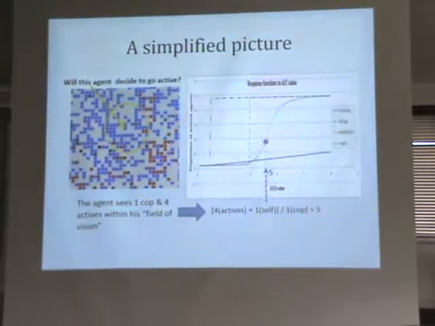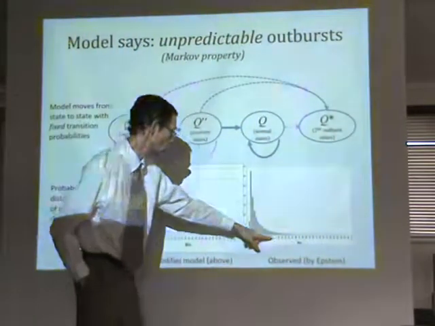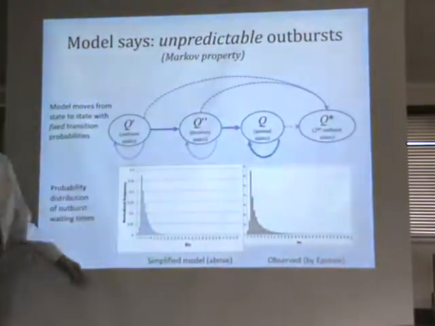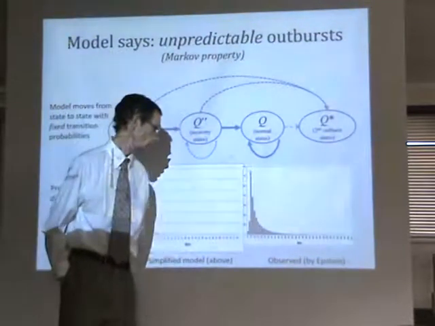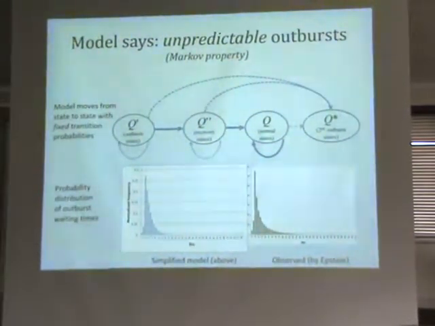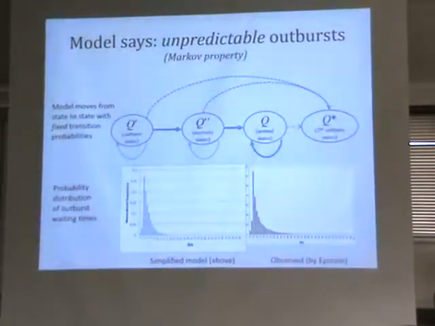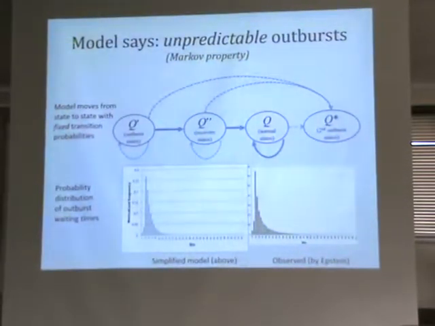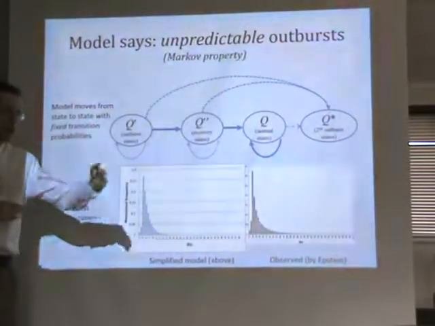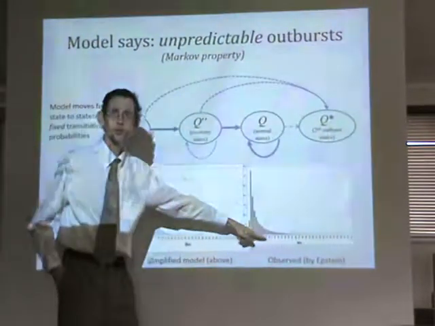That's what this is showing: the distribution of waiting times between bursts. This is from Epstein's work. He set a certain level, and if the burst reaches this level, he records that as a violence burst. Then he measured the times between successive bursts and plotted the probability distribution.